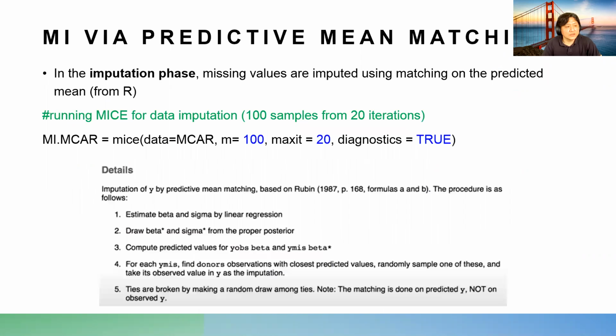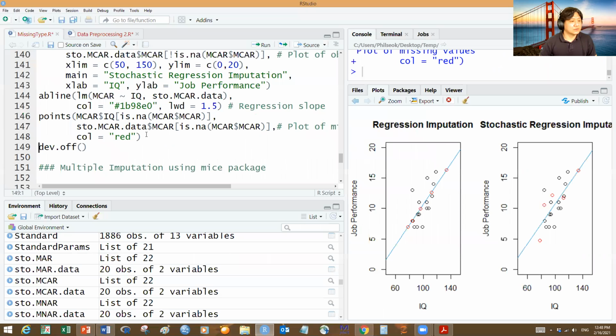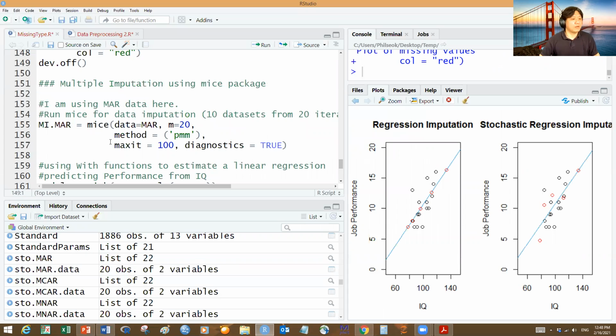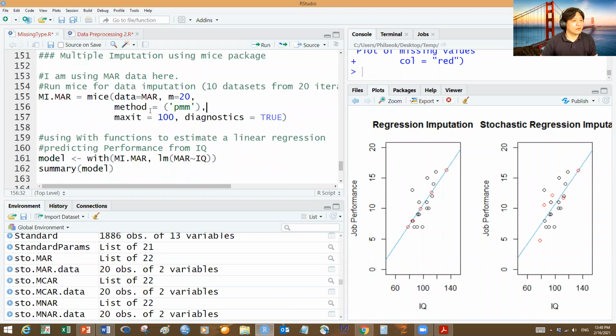So here is some code. Let me share my screen. This is step 1. I use the mice function, and this is my data set.